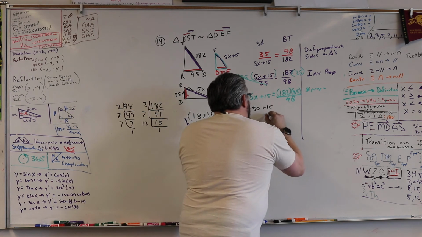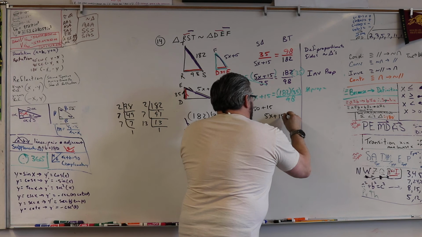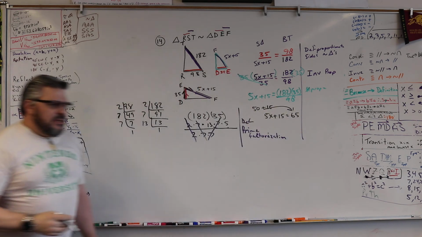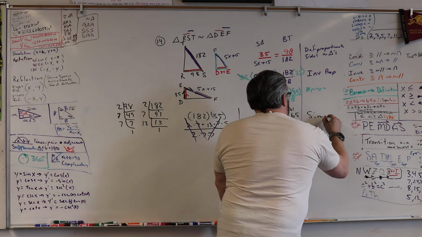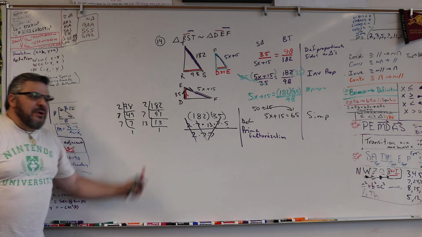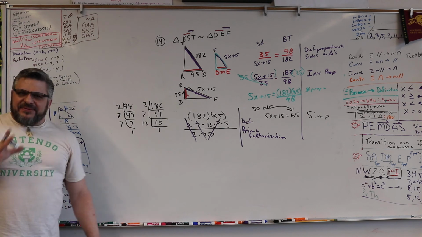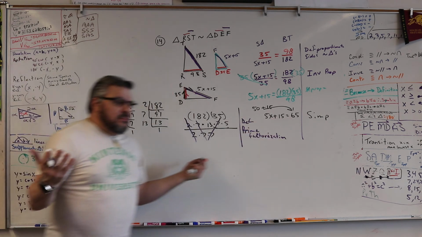So I have 5x plus 15 equals 65. Okay? You see where that came from? And all that is simplify. That's all we did. We simplified it. Wasn't simple, but we simplified it. Big numbers, nasty fraction. But now, not a fraction.